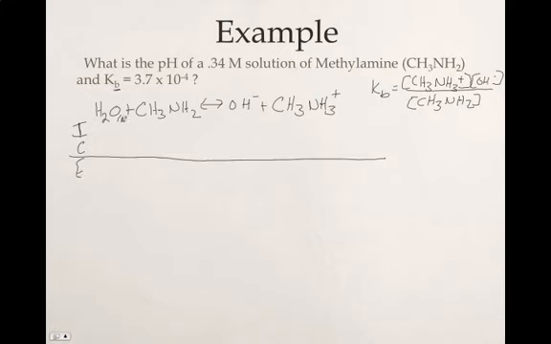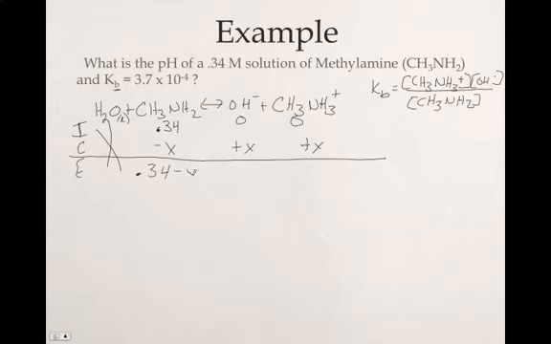And now we fill in our ICE table. So we know that the methylamine to start out with is 0.34 molar. Because the hydroxide and the cation are not mentioned, we're going to assume that they have a 0 concentration. And then this will be minus x, this will be plus x, this will be plus x. So we have 0.34 minus x, x, and x.